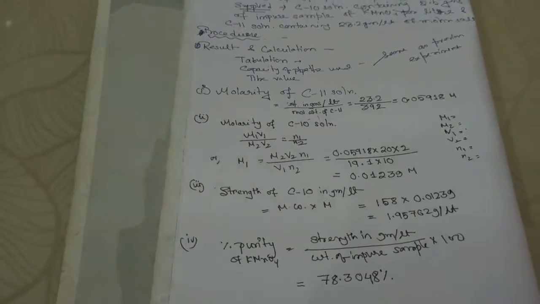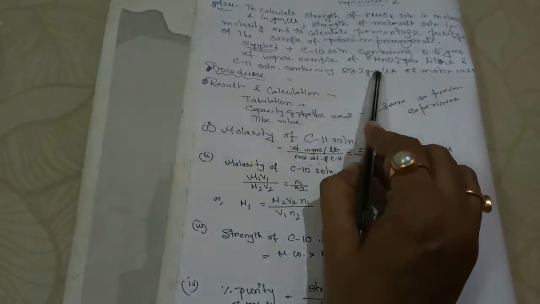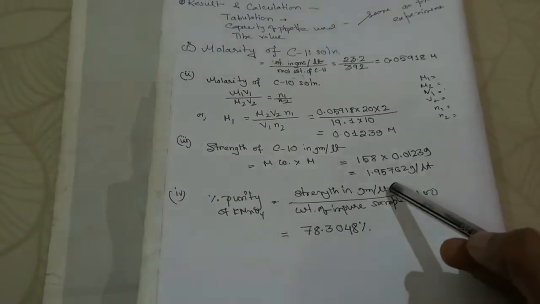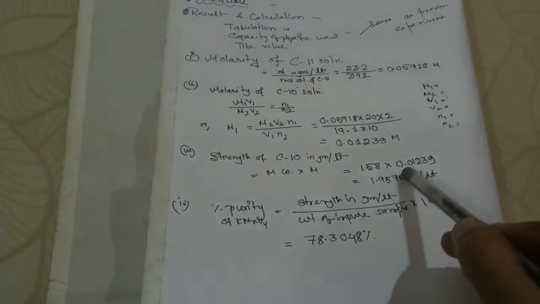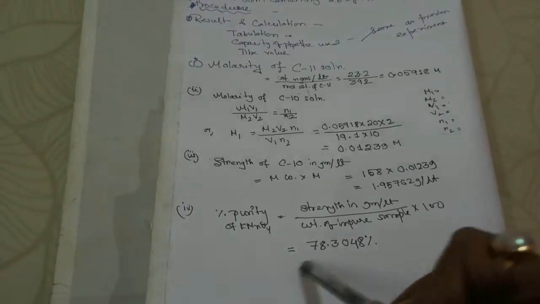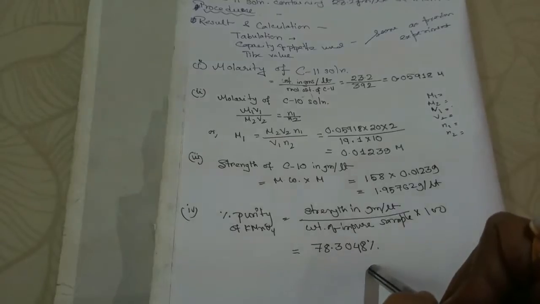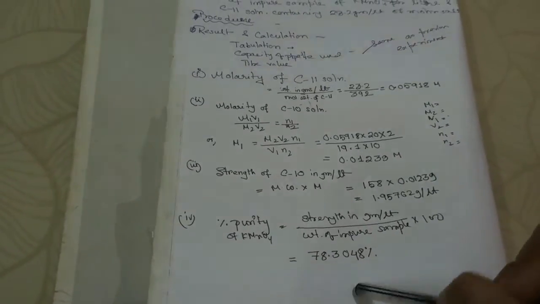The weight of the impure sample, as mentioned in the question paper, is 2.5 gram. So with 1.95 as we have received from here, putting these values we get the percentage, that is 78.3048%, the percentage purity of KMnO4 solution.